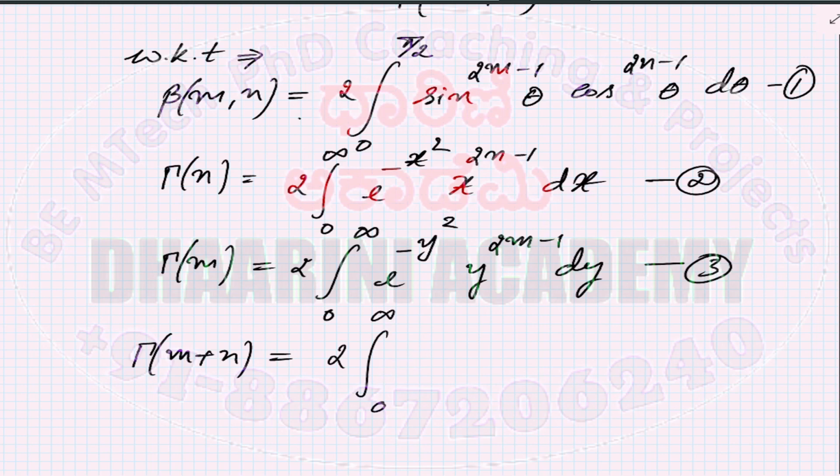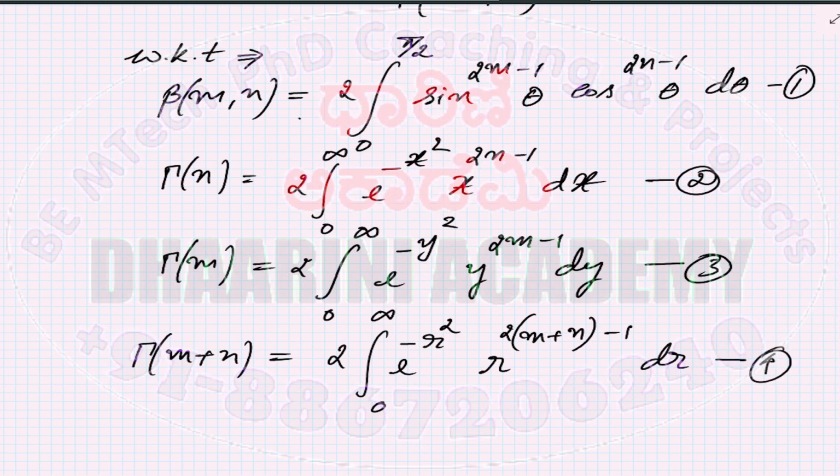Let me say I'm going to use e to the minus r square, instead of y square, into r to the power 2 times m plus n minus 1 into dr. Are you okay? Fine. So this is equation number 4. Let's hold on to this.